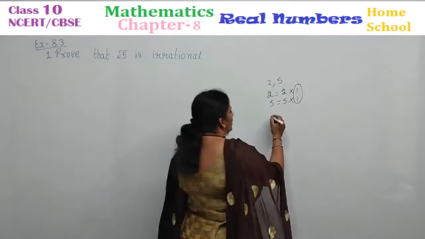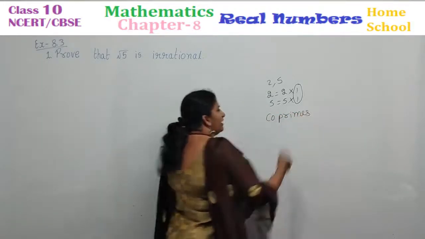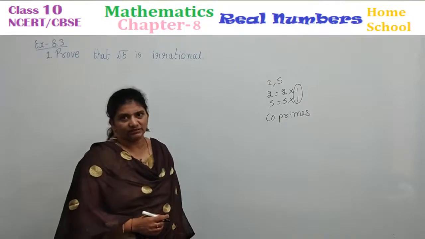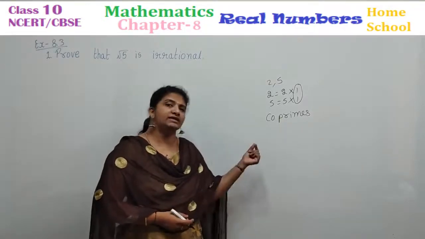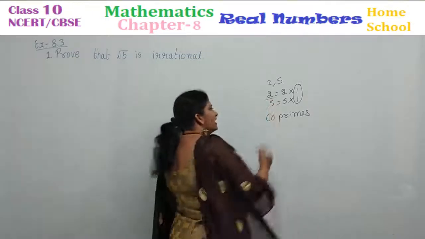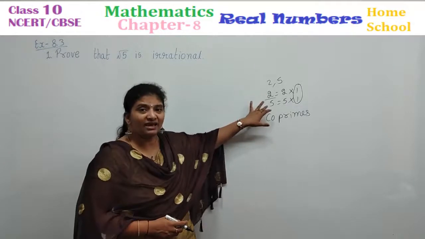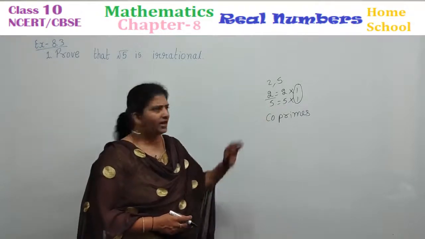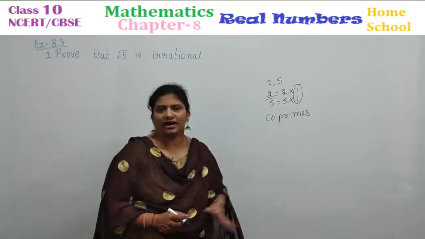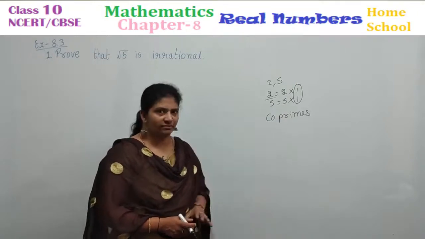So these two we call co-primes. What are these, children? Co-primes. So if we take 2 by 5, I say that they are co-primes and it is a rational number. They do not have any factor other than 1 in common.